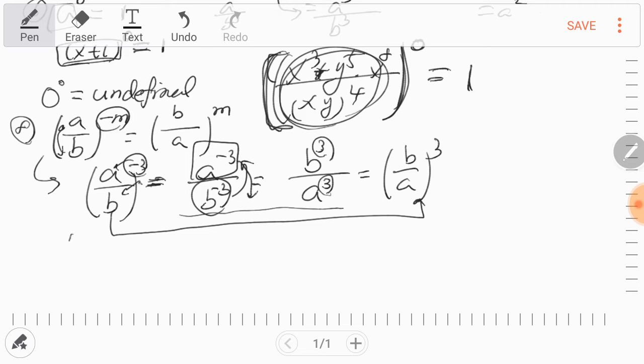Let's try another example. Let's say xy over z raised to the negative 3 power. Then we can rewrite it with positive power 3, taking the reciprocal of the base. So z, and then xy moves to the denominator.